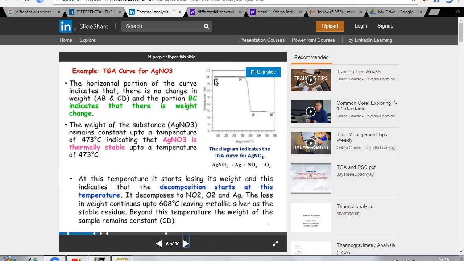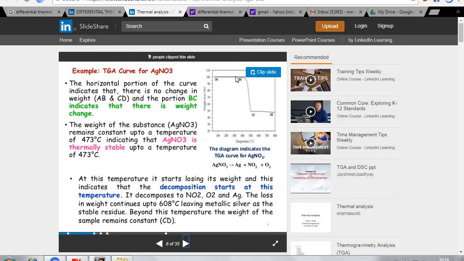Taking these two points, this is where the experiment starts. The mass is 100%, and in the beginning there is no drop in the mass of the sample. It is stable till 450 degrees Celsius, and beyond 450 there is a drop in its mass. It continues up to 550 or so, and beyond 550 there is again no change in mass.